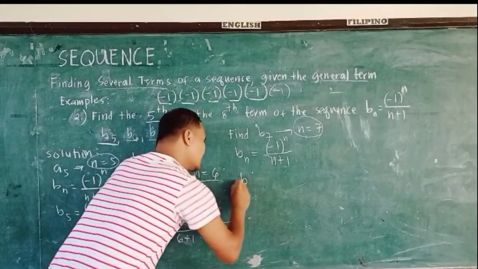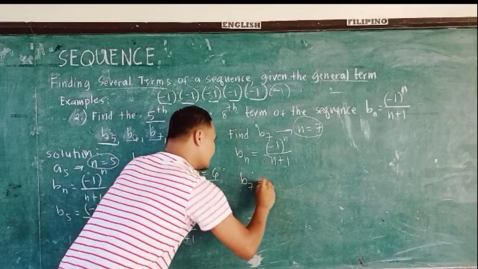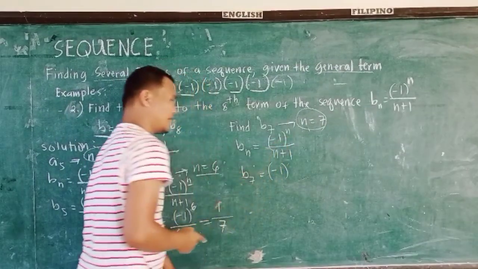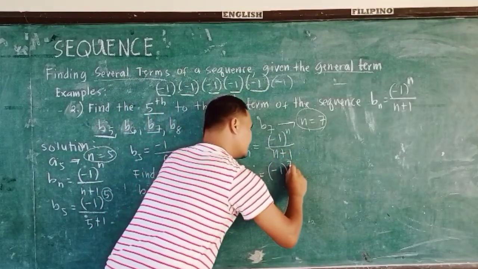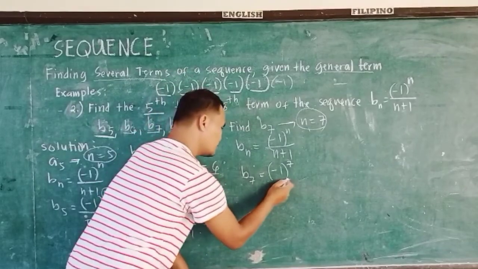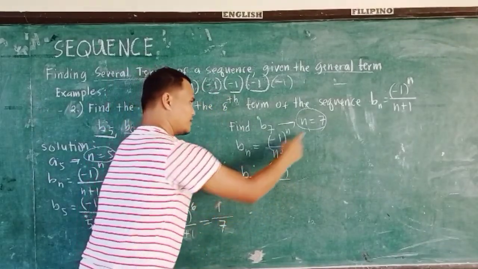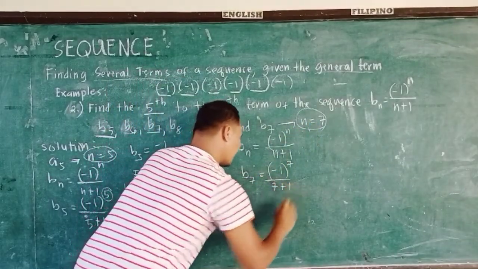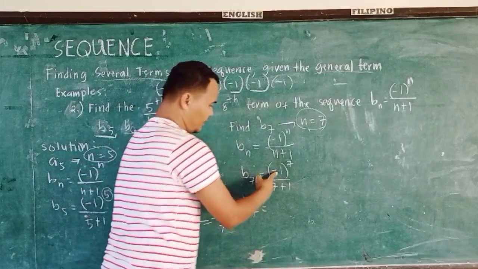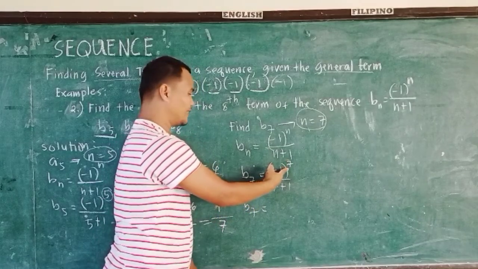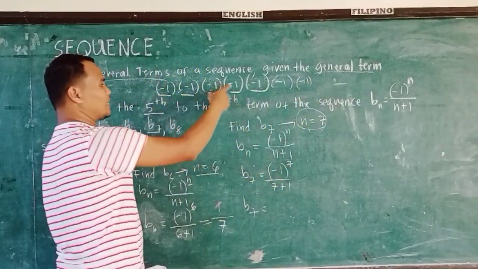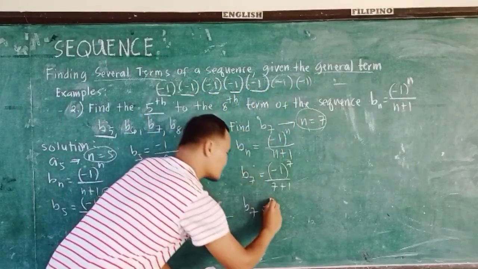So b sub 7 equals the quantity of negative 1 raised to the power of 7 over n is 7, so 7 plus 1. So b sub 7 equals, here, we multiply negative 1 seven times, the result is negative 1.